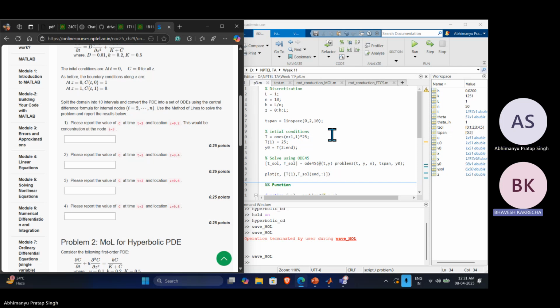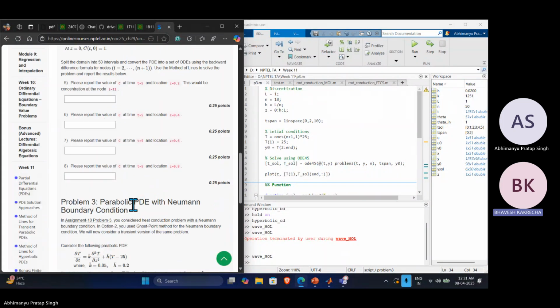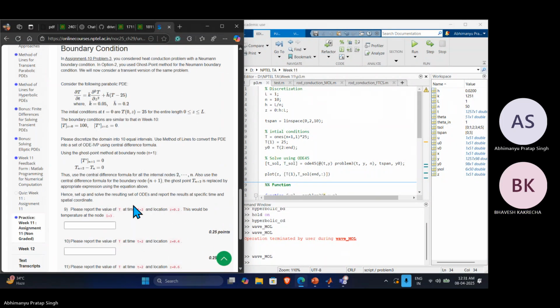I actually felt the problem at the last node because in central difference, n plus 2 comes. So when we divide the total interval into n plus 1 nodes, that value T_{n+2} is missing. The problems for this week are mostly similar to problems for last week.